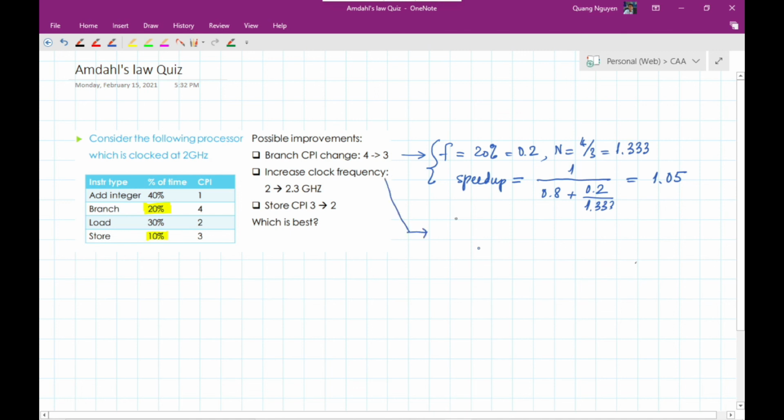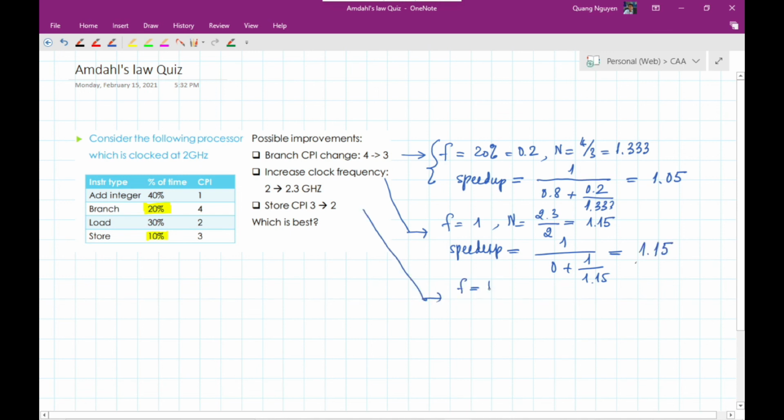For the second improvement, we have F equal to 1 and N equal to 2.3 over 2. So the speedup is 1 over (0 plus 1 over 1.15). This equals 1.15. And for the third improvement, because this is 10% and N equals 3 over 2, which is 1.5, the speedup is 1 over (0.9 plus 0.1 over 1.5). So the best case is the second one.